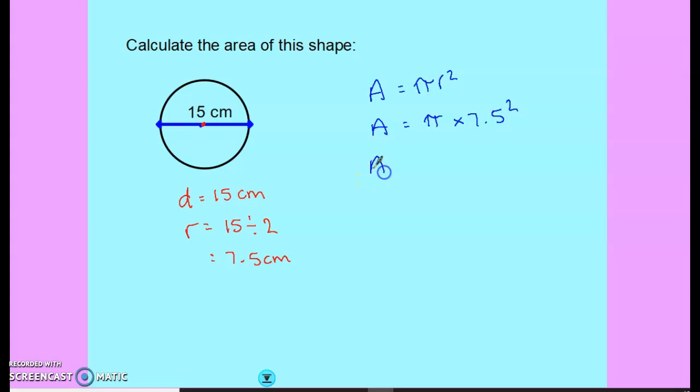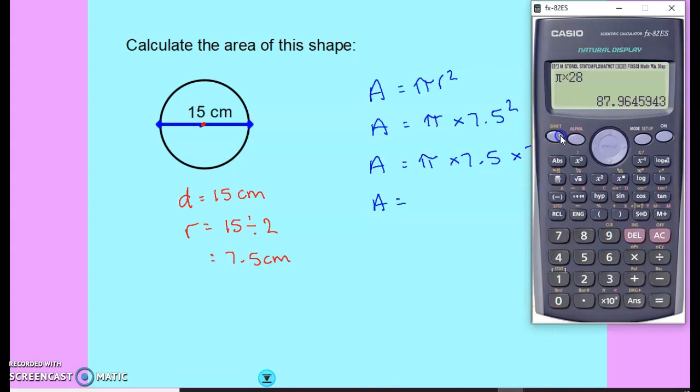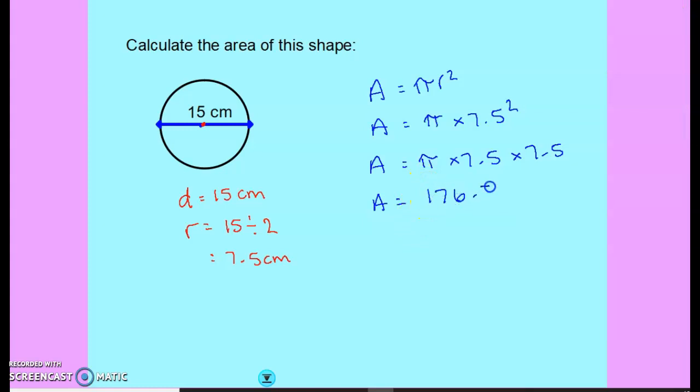If you're not sure about that, 7.5 squared just means 7.5 times 7.5. That comes out at 176.71 to 2 decimal places. Units again, it's not just centimetres because it's an area, it's centimetres squared.